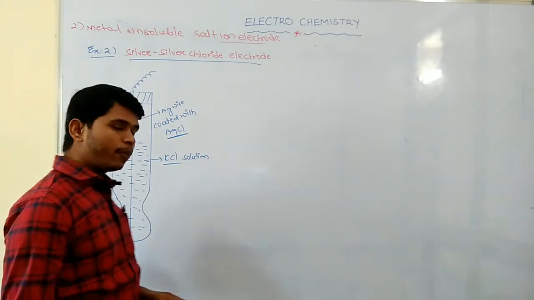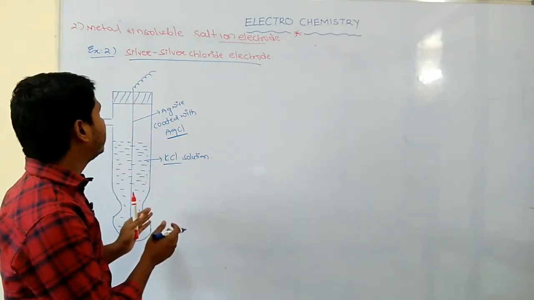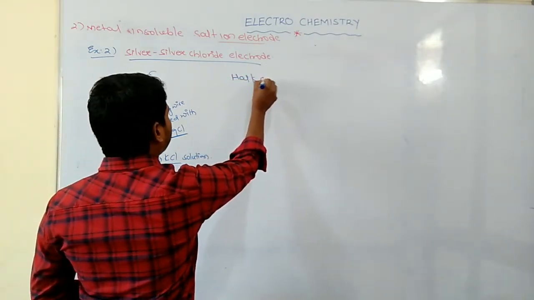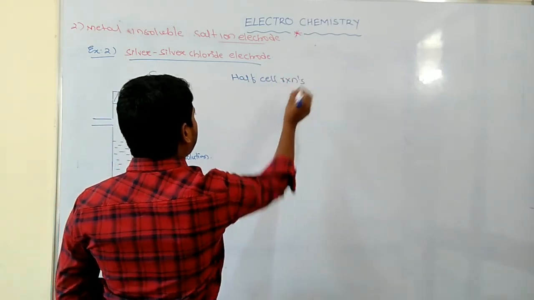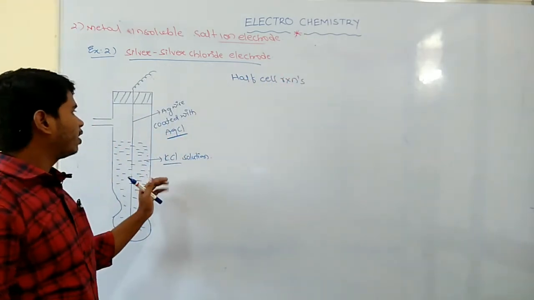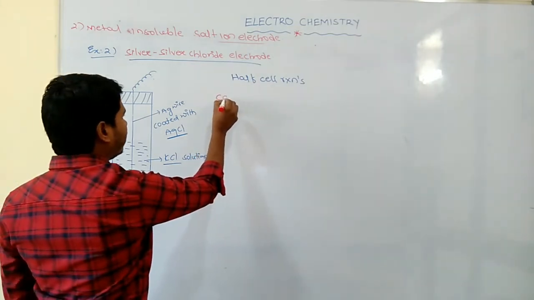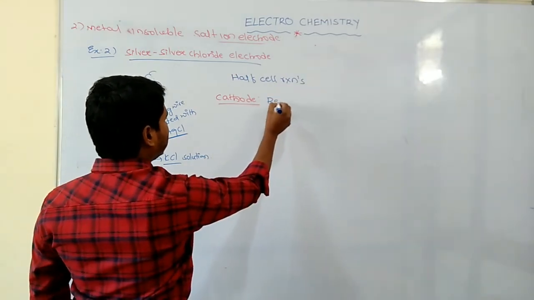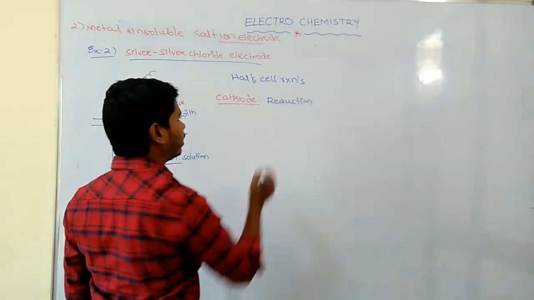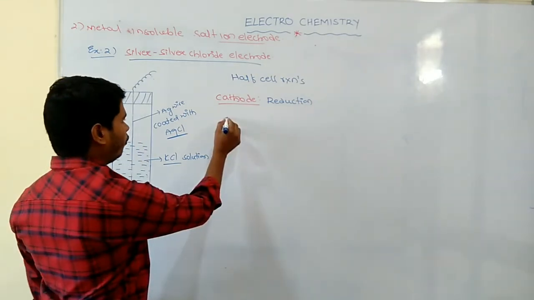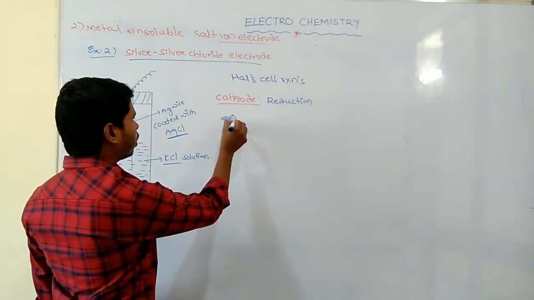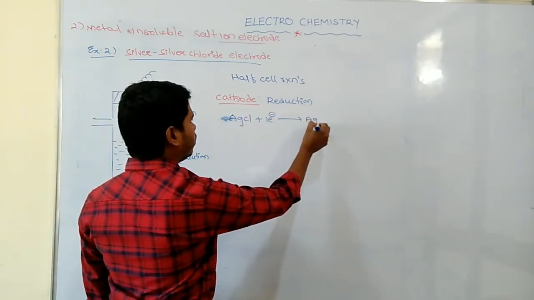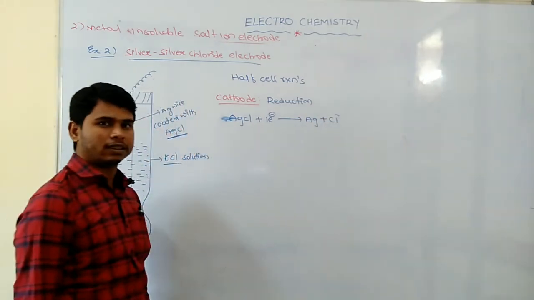Let's discuss what type of cell reactions occur in the silver chloride electrode. The half-cell reactions: if this silver chloride electrode is acting as a cathode, the reduction reaction is taking place, where the silver chloride gains one electron and is converted into silver plus Cl minus.